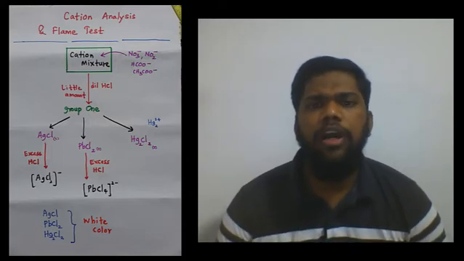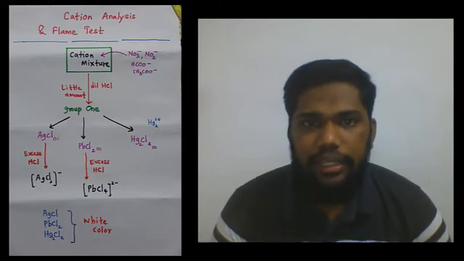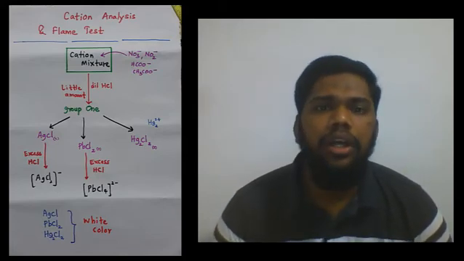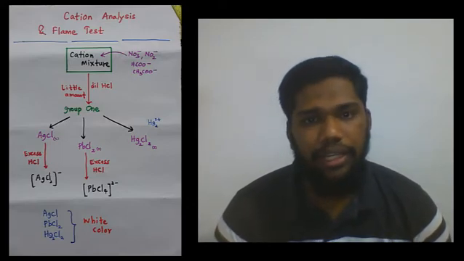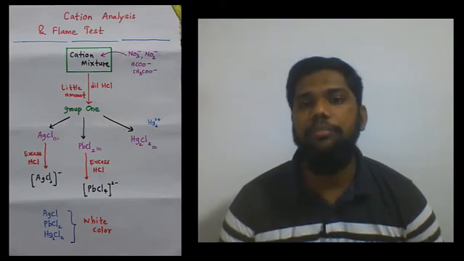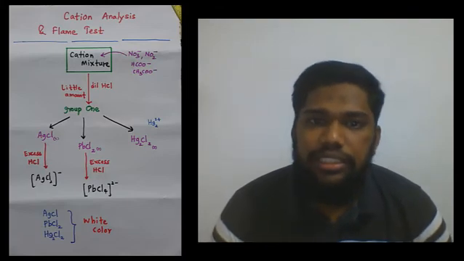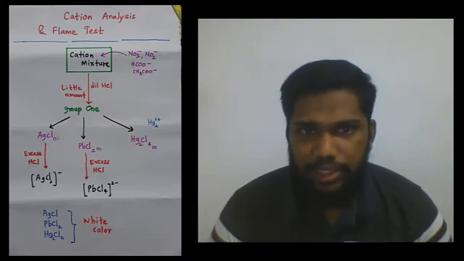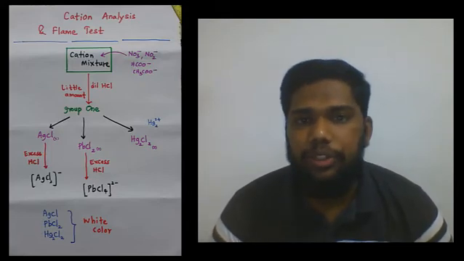Before we test for these cations, you need to understand the cation mixture should not contain some anions like carbonates, phosphates, oxalates, because if those anions are present, our cations might already have reacted with these anions and formed precipitates. So you need to have a nice mixture which is not a semi-solid or a precipitate.